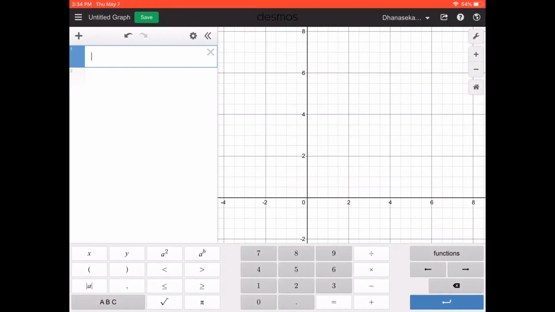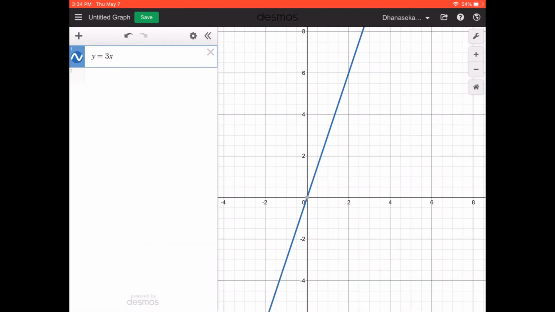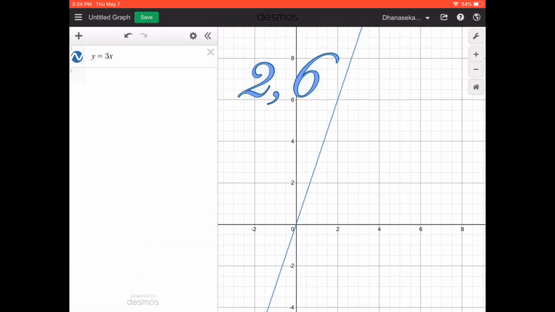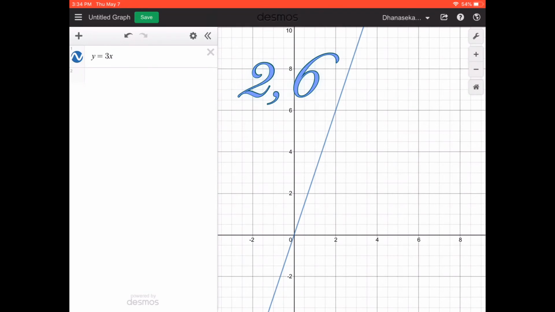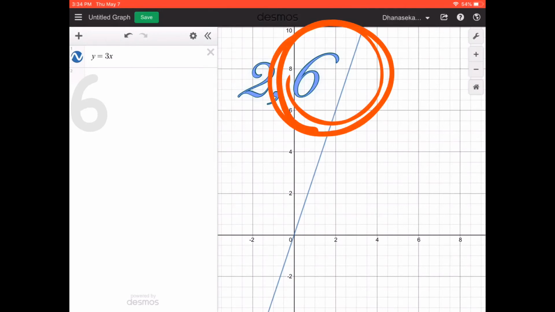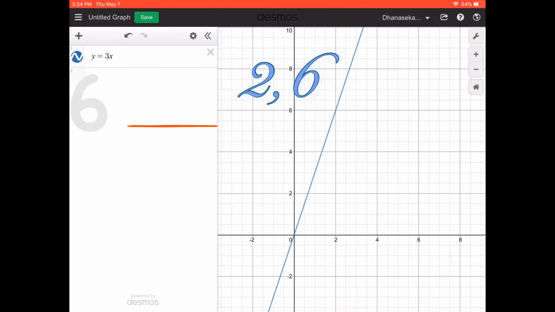And these will definitely work with points. So let's say, for example, I get (2, 6). Now, if you put the 6 back in the equation, because 6 is the y, and you replace the x with the 2, 3 times 2 is 6.